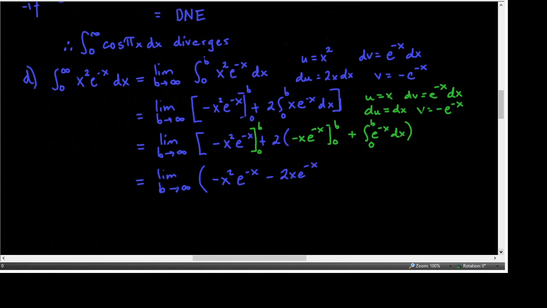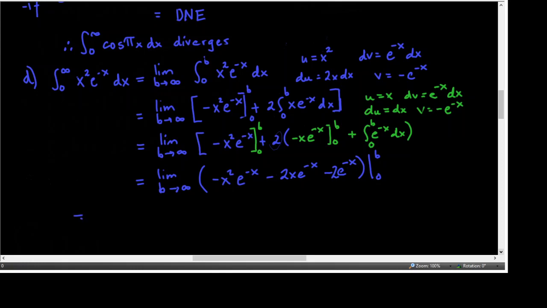And then the next antiderivative is negative e to the negative x. And all of that. Oops, I forgot to distribute the 2 to that as well. So let me go in and squeeze a 2 in here, because this parenthesis right here in front of this 2, that 2 has to be distributed throughout. Okay, and we'll evaluate the whole thing from 0 to b.